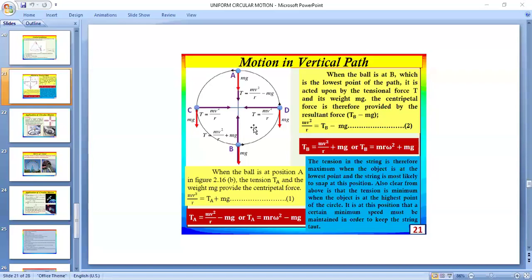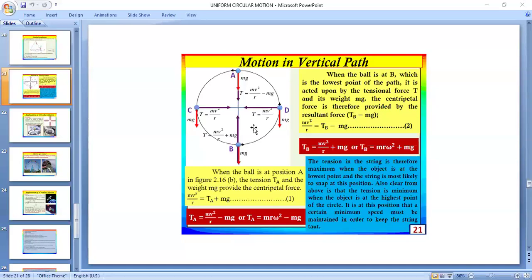We can now say that centripetal force, F subscript C, is equal to tension T plus weight, because they act in the same direction, therefore we add.